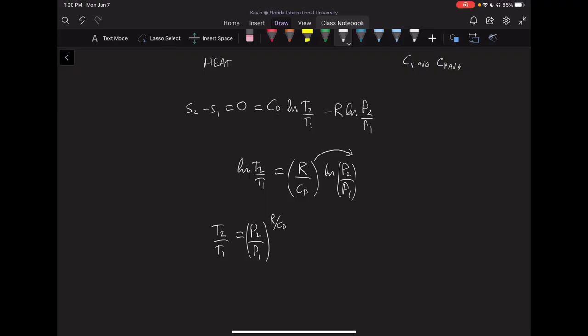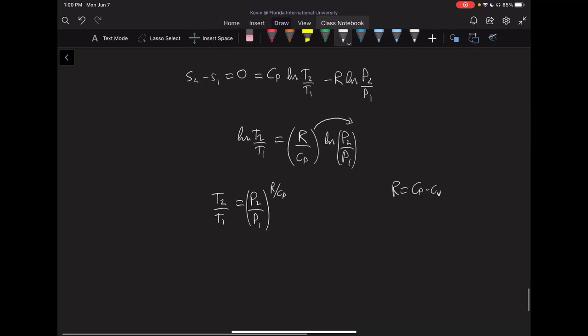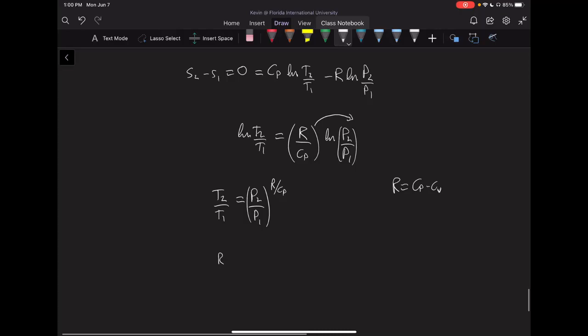And we also know that R is equal to Cp minus Cv. That's the definition of R. So we can say that R over Cp is equal to Cp minus Cv over Cp.